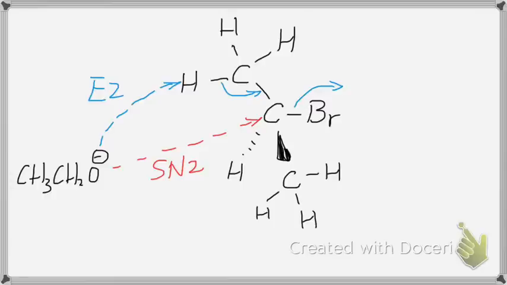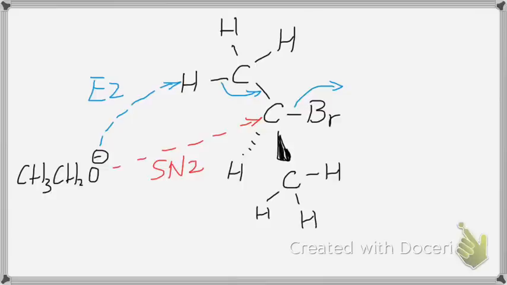And we have talked about these circumstances, right? One is we need good nucleophiles. And the second, we need a less crowded carbon bearing the leaving group, that means a primary carbon or a methyl halide, right?